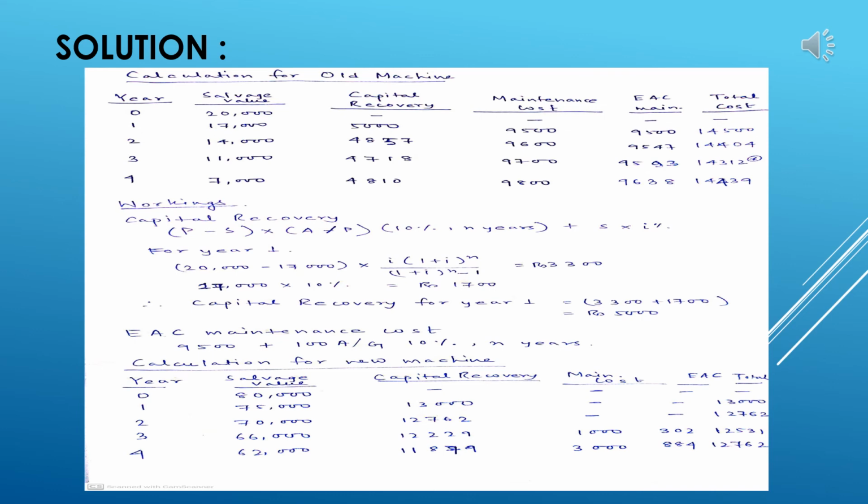The old machine was bought at 20,000, and for year 1, year 2, year 3 and year 4, the salvage values are respectively 17,000, 14,000, 11,000 and 7,000. Apart from capital recovery, I am coming back to capital recovery. The maintenance cost also has been given to us, which says year 0 has no maintenance cost, year 1 has 9,500, and years 2, 3 and 4 respectively have maintenance costs of 9,600, 9,700 and 9,800.